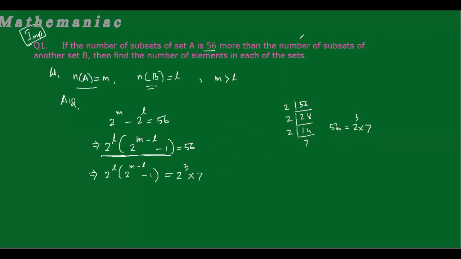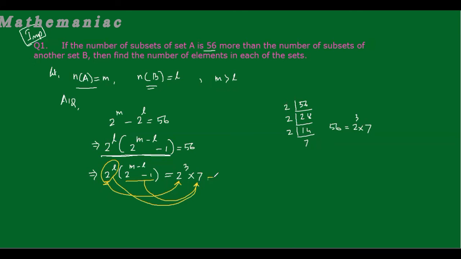Now anyone can visualize, it's not that any special idea is needed for visualizing this. That if this is power of 2, it must be compared with this only, right? And this part will be comparable with 7. No one should compare this 2 to the power L with 7. It will not be compared, right?